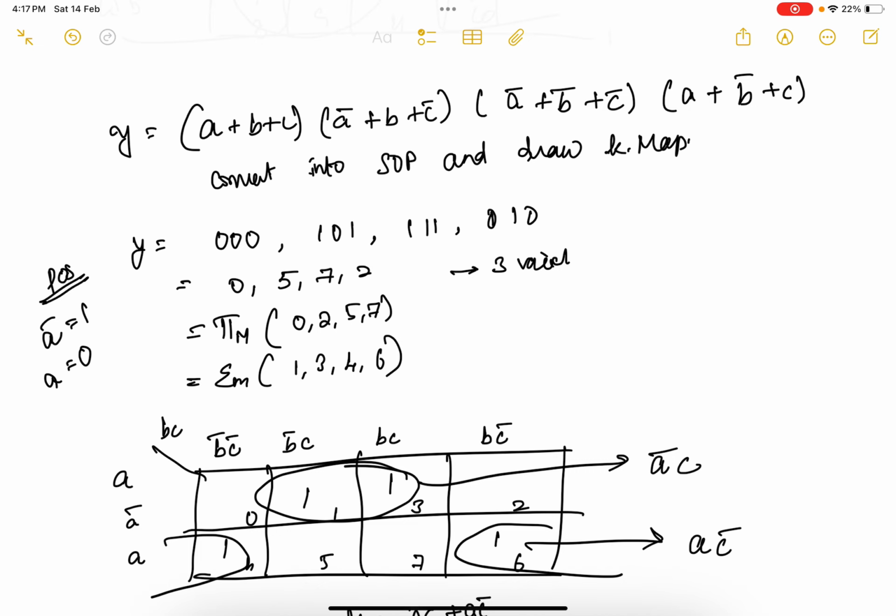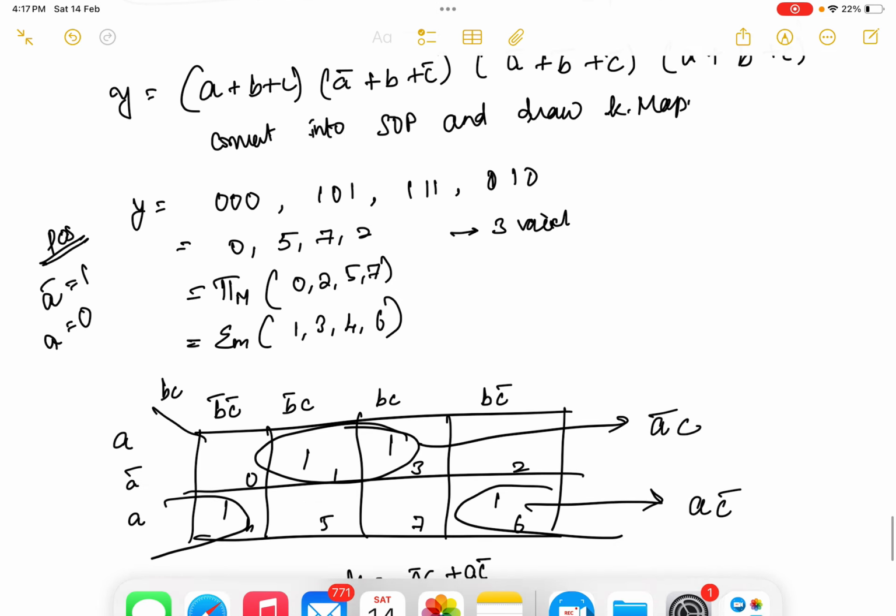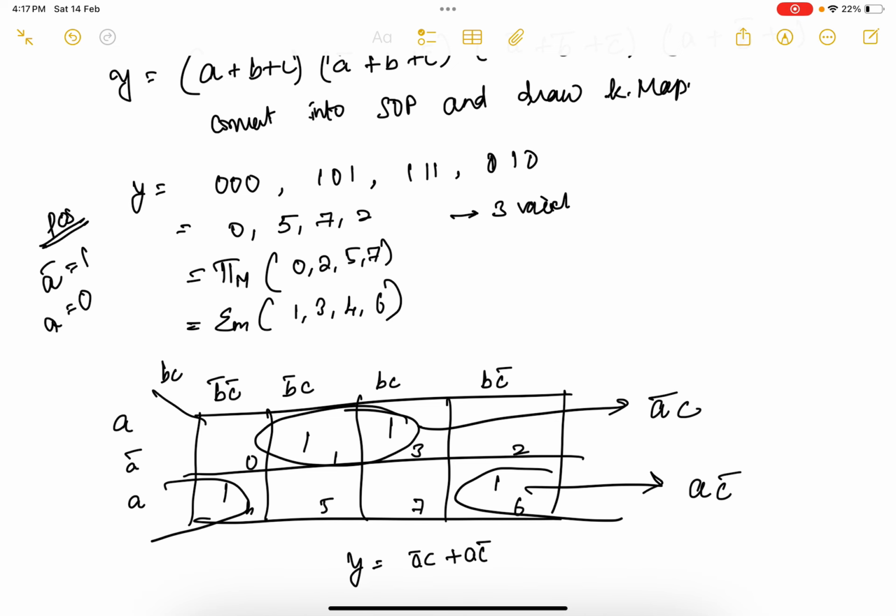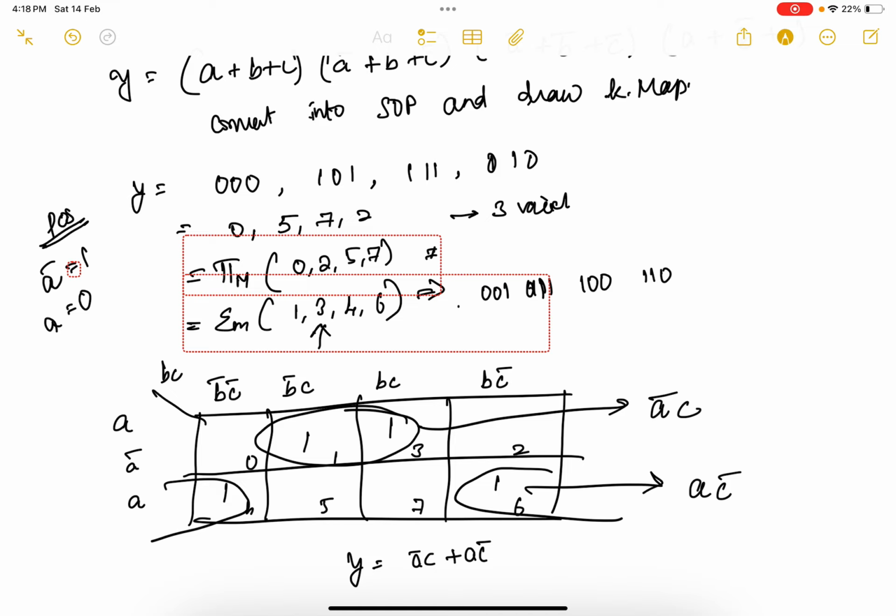So this was your POS, this was your min term. Want to convert into SOP, how will you write? This can be written as 0 0 1 for 1, then 0 1 1 for 3, then 1 0 0 for 4, then 1 1 0 for your 6.